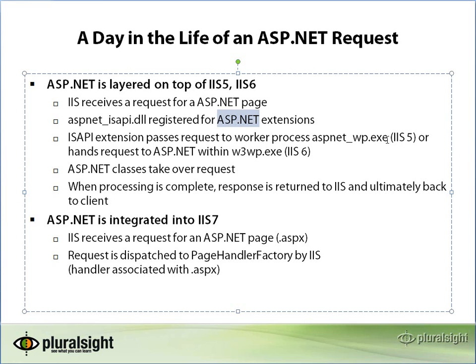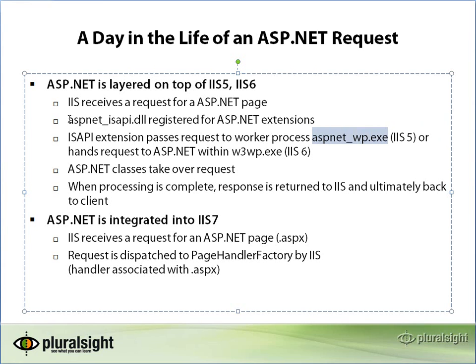Then in IIS 5, the ISAPI extension is going to pass the request on to the worker process, which in that case is aspnet_wp. Or in IIS 6, you're already going to be inside of the worker process, because IIS is going to be running in the context of the worker process as well, not in a separate one. And it will dispatch the request directly to ASP.NET.